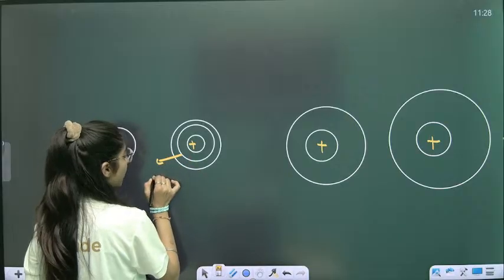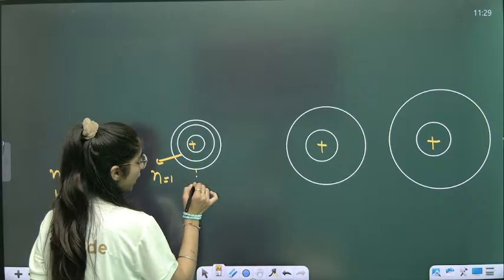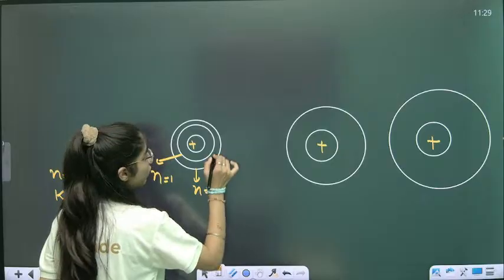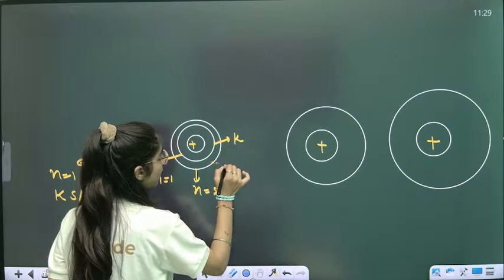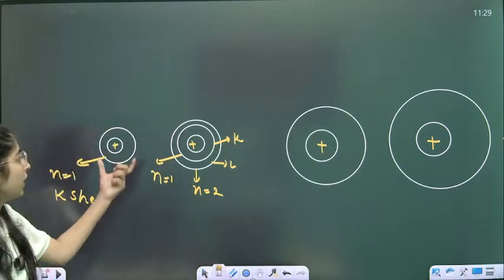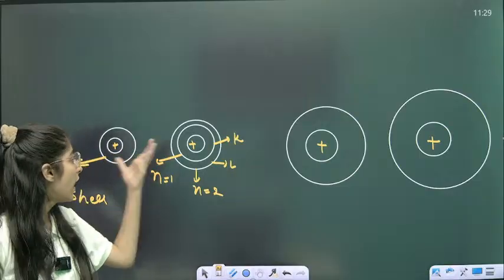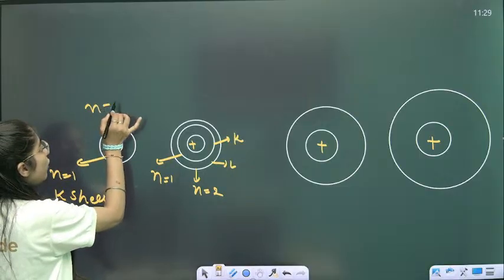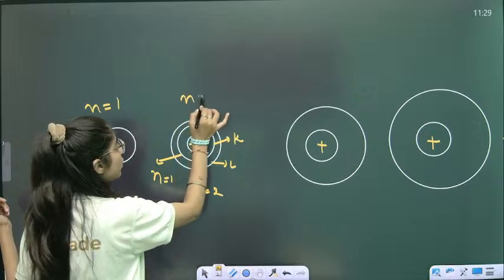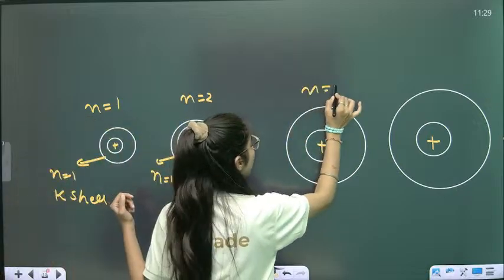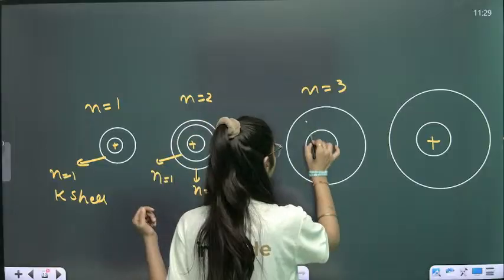This is n is equal to 1 and this is n is equal to 2. So this is your K shell and this is your L shell. See here, size increases as n goes from 1 to 2 and 3. Let me represent that here also.